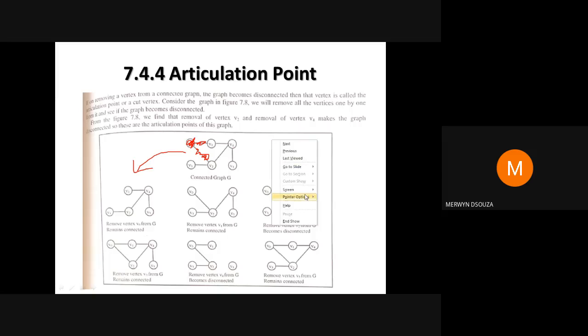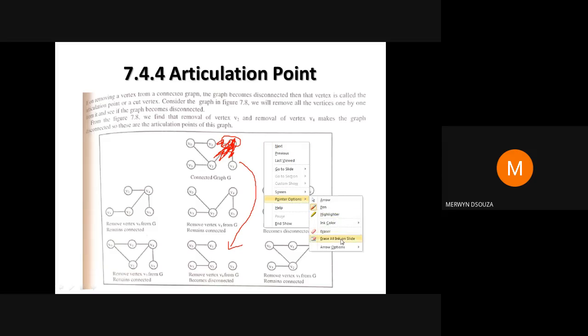But if you remove this vertex here, V4, you have to remove the edges connected to it also. Then your graph becomes disconnected, like it is shown here. Then that vertex is an articulation point. So V4 is also an articulation point.